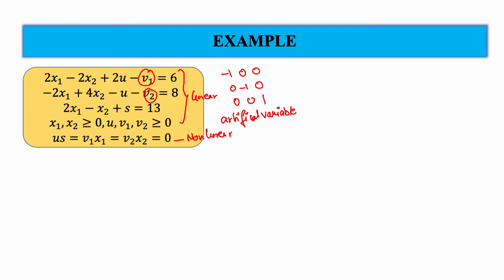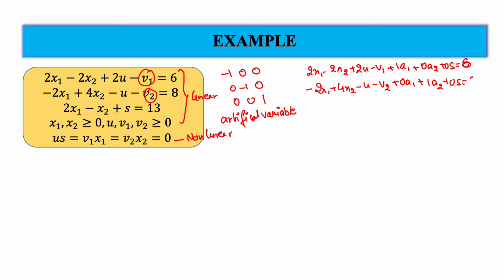So now if we see these equations again: 2x1 minus 2x2 plus 2u minus v1 plus a1 plus 0 a2 plus 0 s is equal to 6. Similarly, the second equation is minus 2x1 plus 4x2 minus u minus v2 plus 0 a1 plus 1 a2 plus 0 s is equal to 8.